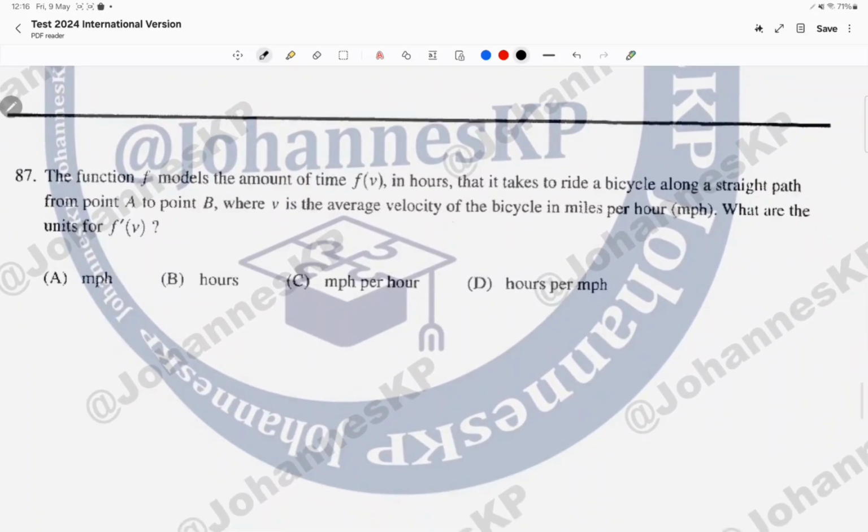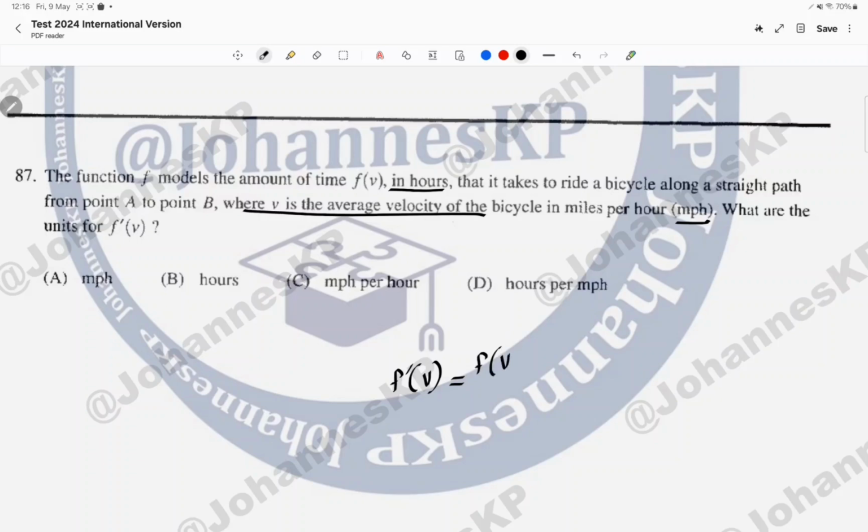87. So f of v is in hours, right? And v is the average velocity in mph. You want f prime. So what's f prime?